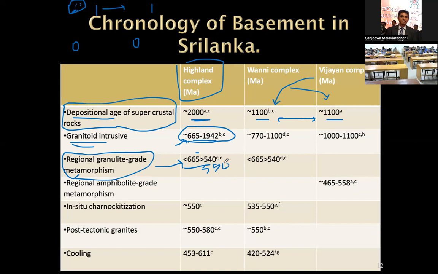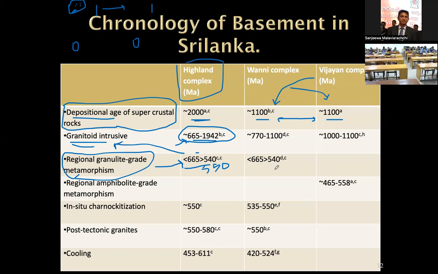Okay, so this is the metamorphic age. So you understand, at 665 the last granite was intruded, but about 100 million years later, that granite was metamorphosed, right? So it became a granitoid.